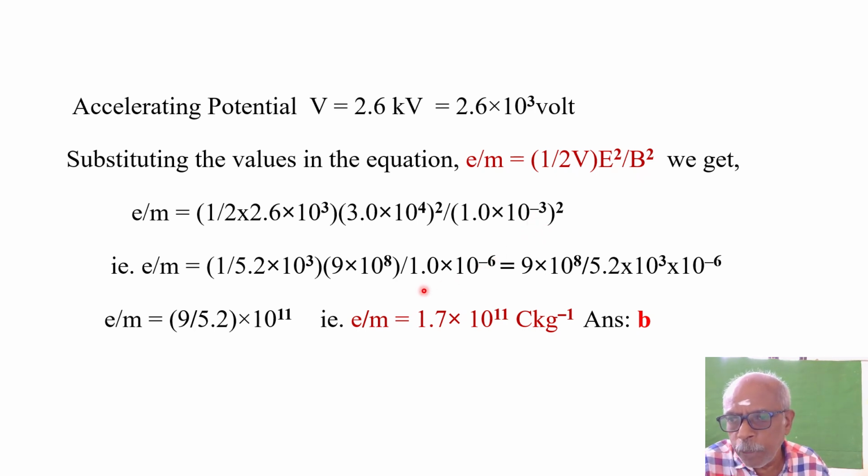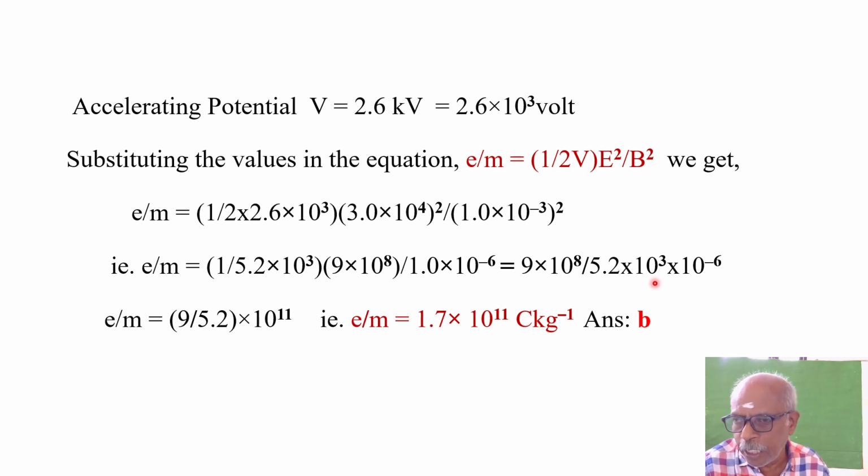So, in the numerator, we have 9 × 10^8. In the denominator, we have 5.2 × 10^3 × 10^-6, so the denominator ultimately has 10^-3.